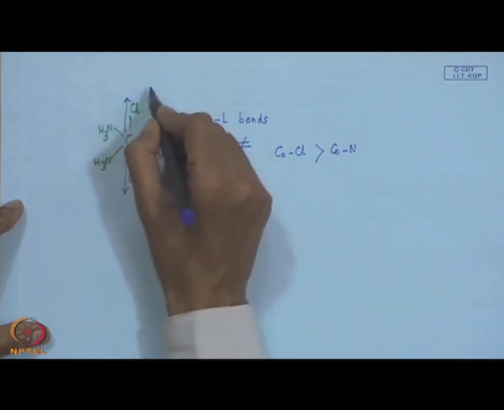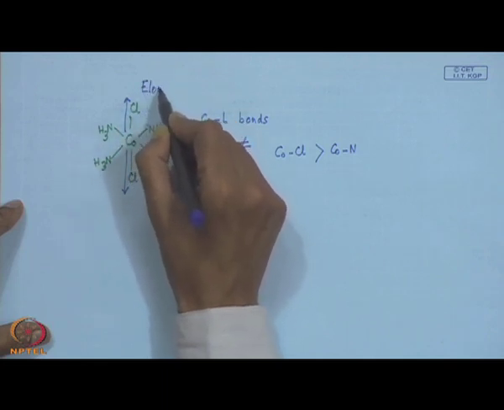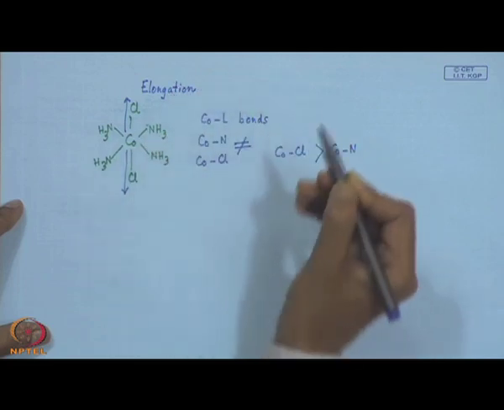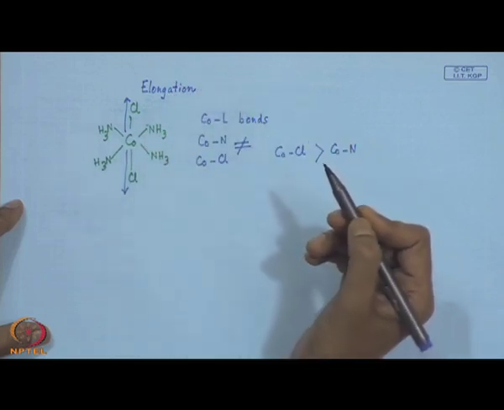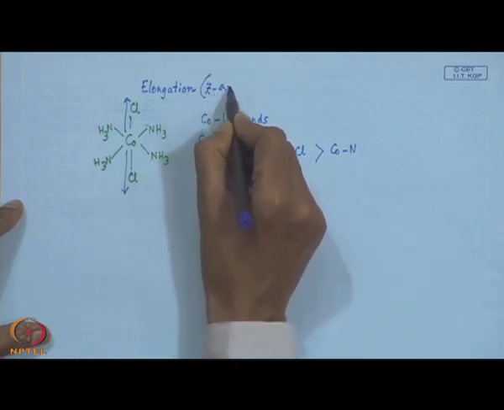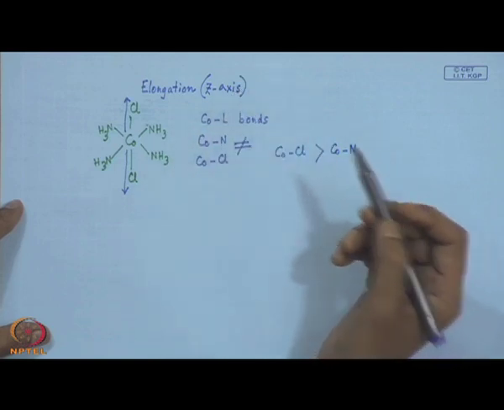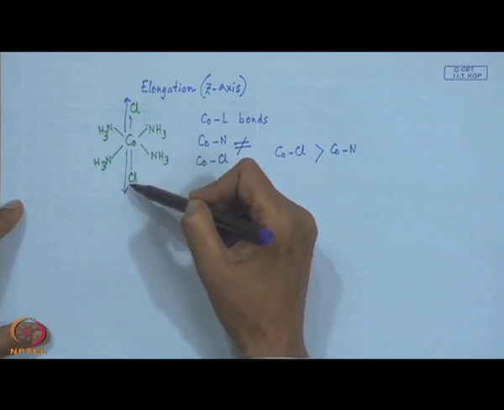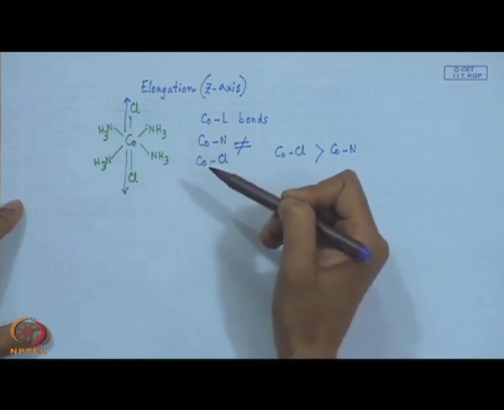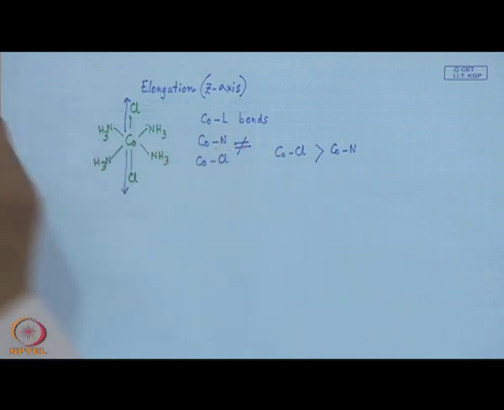We consider this as elongation along the z axis, and therefore it is an elongated structure of a typical octahedron.